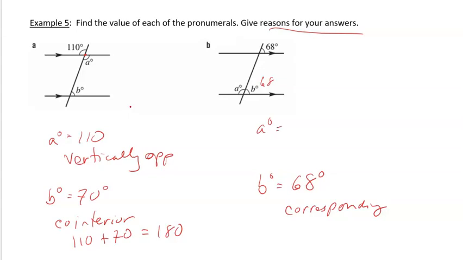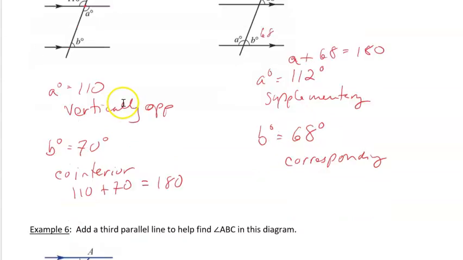Well, A is actually a supplementary angle. Let me write that down there. Supplementary, which equals 180. So A plus 68 equals 180. So that means that A is going to be equal to 112 degrees because they're supplementary angles.